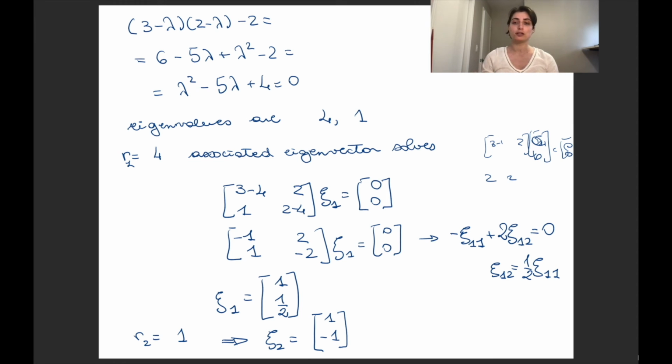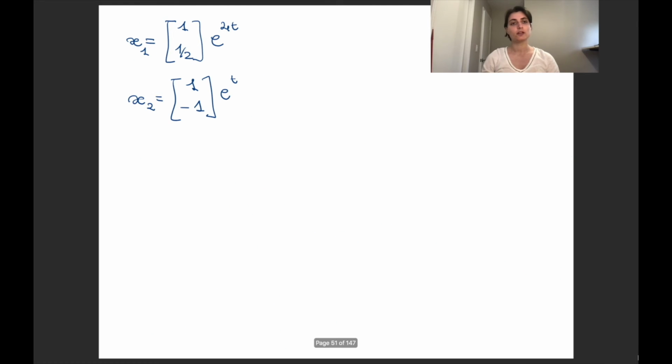Then if we compute that, we get the vector 1, minus 1. Then we have, as first solution, the first eigenvector multiplied by the exponential of the first eigenvalue times the time, that is the vector 1, 1/2 multiplied by the exponential of 4t. And the second solution that we find is the eigenvector 1, minus 1 multiplied by the exponential of t.